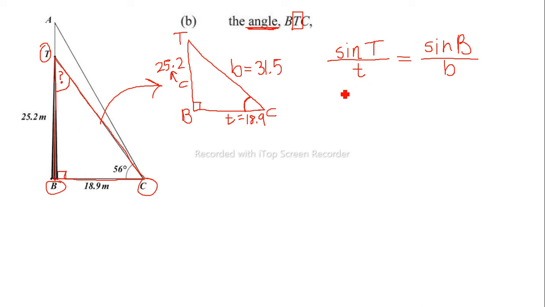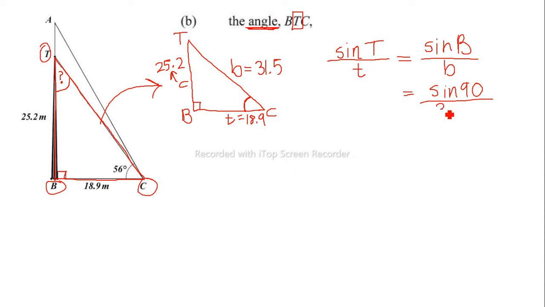So what is capital B? 90 degrees. We know that because of this right angle. This is 90 degrees, divided by what is small b? 31.5.